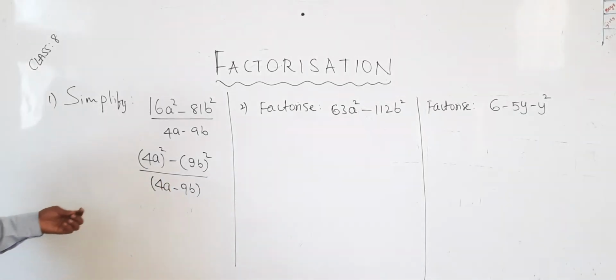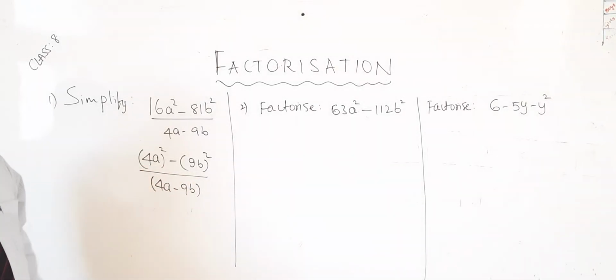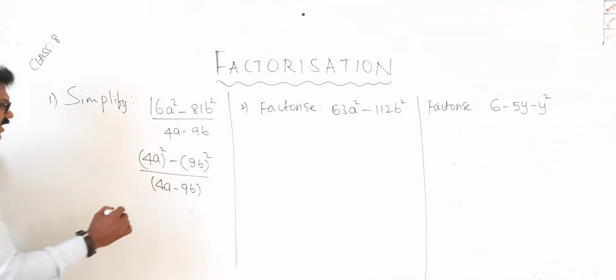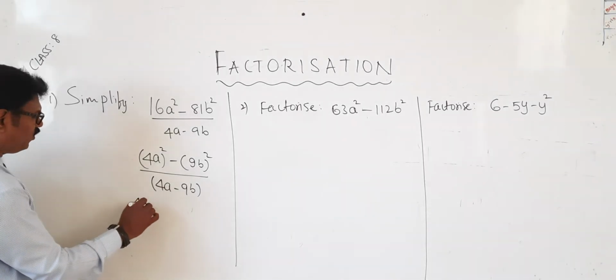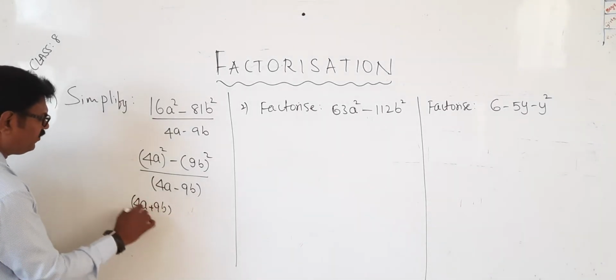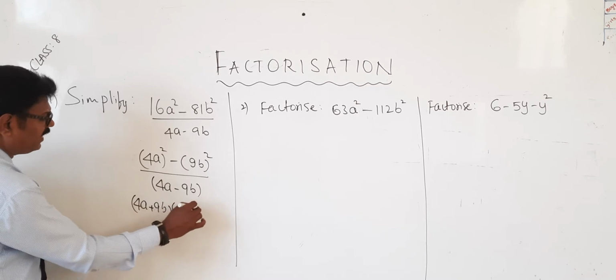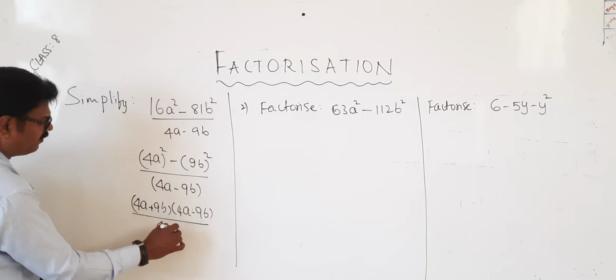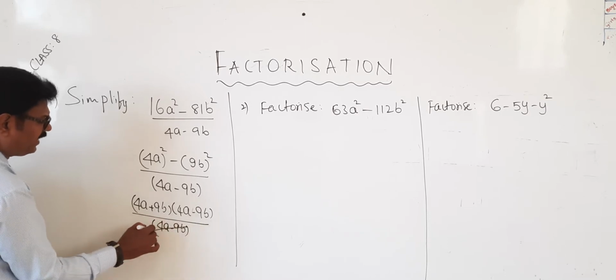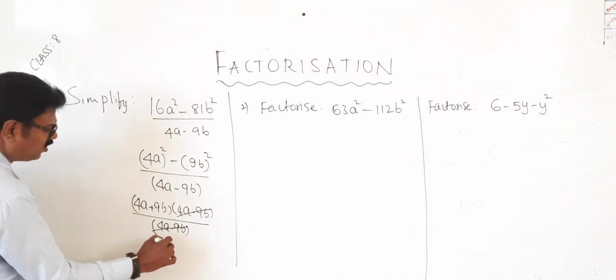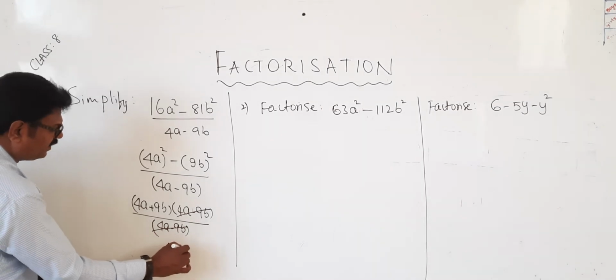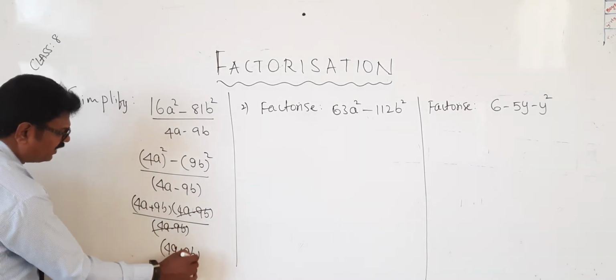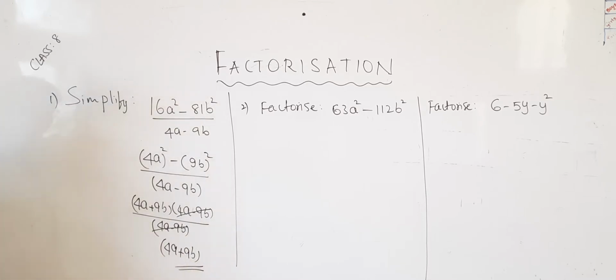It is in the form of a square minus b square, which can be written as a plus b into a minus b. Therefore, 4a plus 9b into 4a minus 9b divided by 4a minus 9b. The 4a minus 9b cancels, and what remains is 4a plus 9b. Very simple problem.